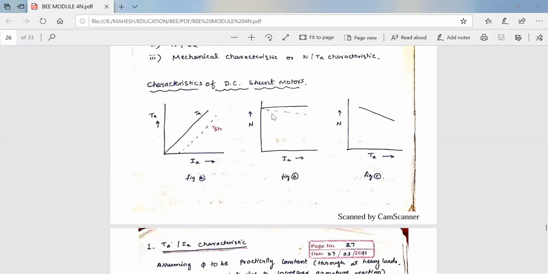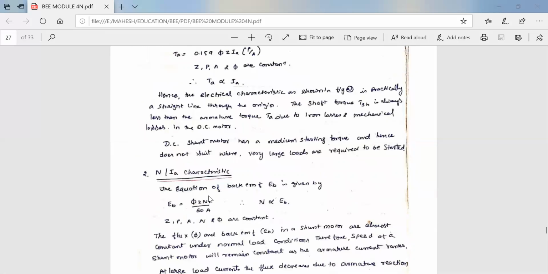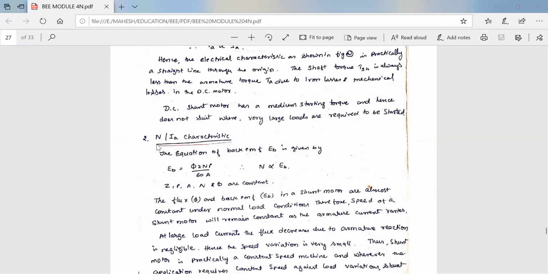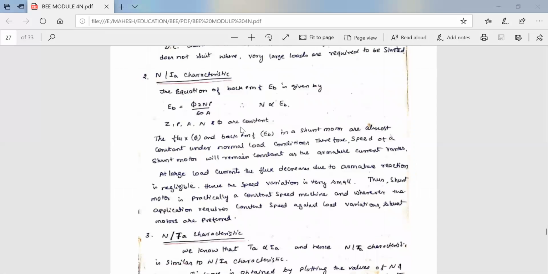This is the variation of speed with respect to Ia, and similarly this is the variation of speed with respect to Ta. We have observed that Ta is proportional to Ia, so as the armature current increases, the armature torque also increases. Whenever the torque increases, the speed will decrease.